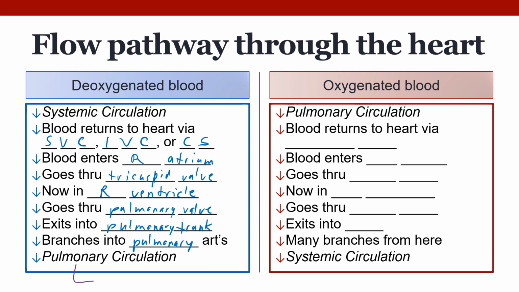And that pulmonary circulation takes the blood through the lungs, where it now returns to the heart via 4 pulmonary veins.